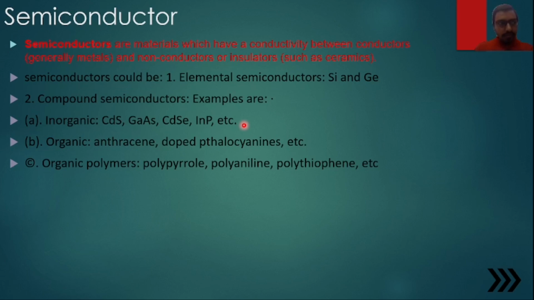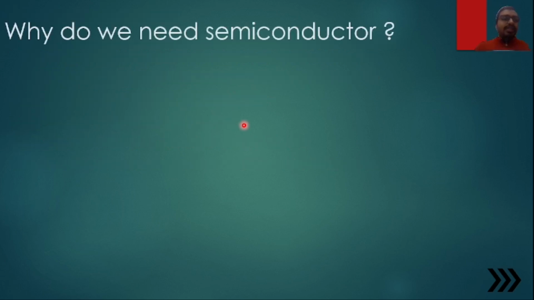So now let's come to understand why do we need a semiconductor. Dear friends, we know that the devices which we use at our homes like mobile phones, tablets, smartphones and TVs have semiconductors. For these electronic devices, we need controlled flow of electrons.